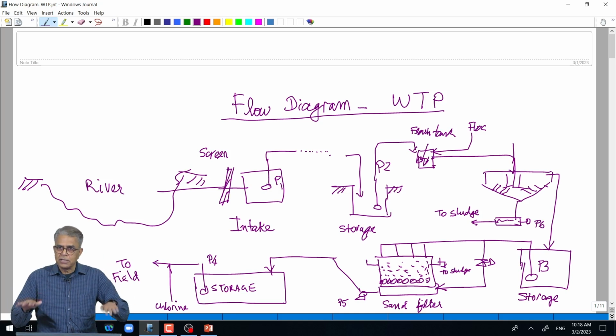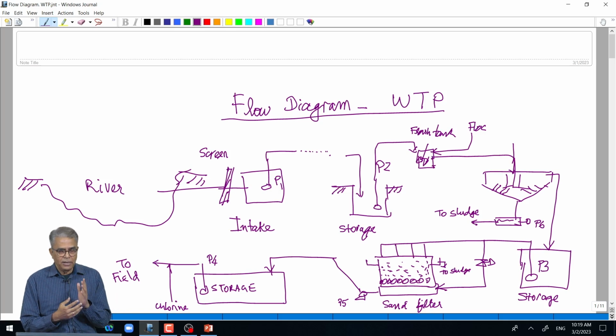It percolates down, and as it goes down, all the trace suspended solids are removed, clear water comes out, and it goes to another storage. From that storage, through a pump, you put in chlorination at this point, because till now what we have removed is suspended solids, but it might have some microorganisms from the source, coli, bacteria, virus, whatever it is.